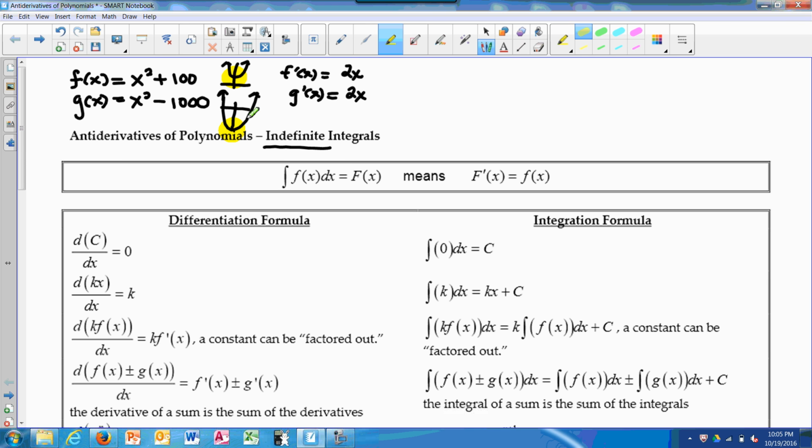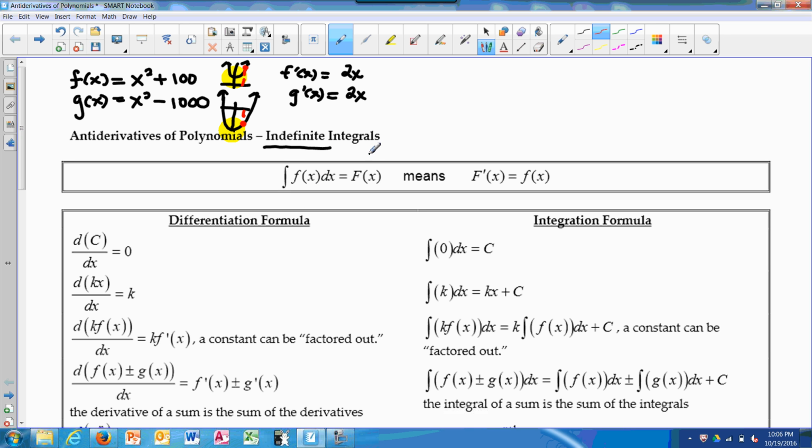It doesn't mean the values of the function are the same, but the slopes at those particular x values are the same. So we would have corresponding slopes at every point where the x value is the same.